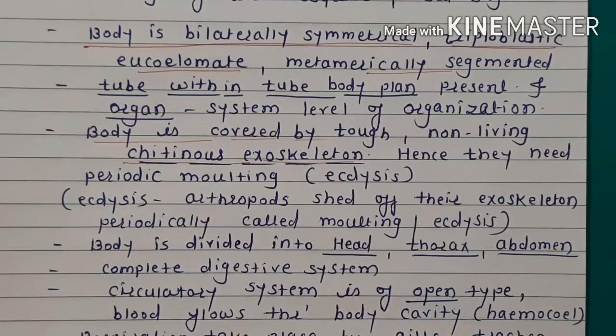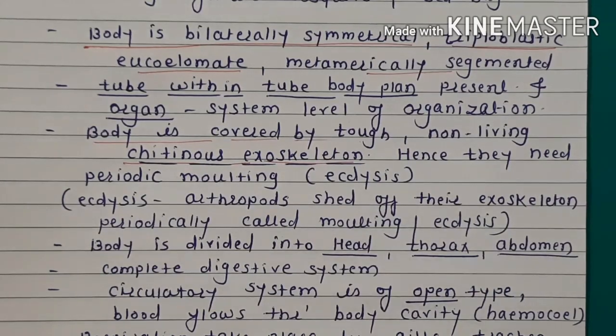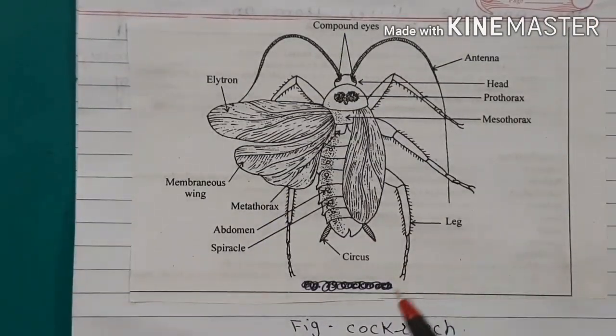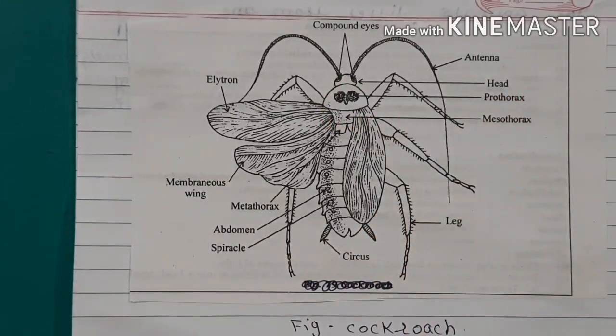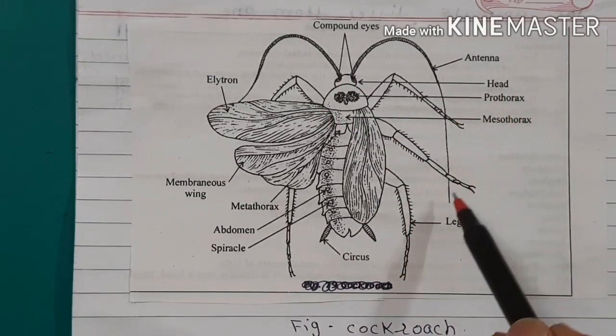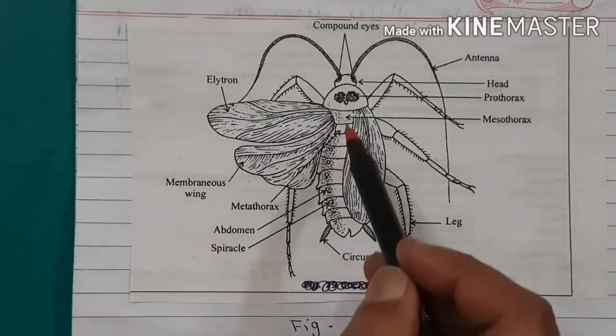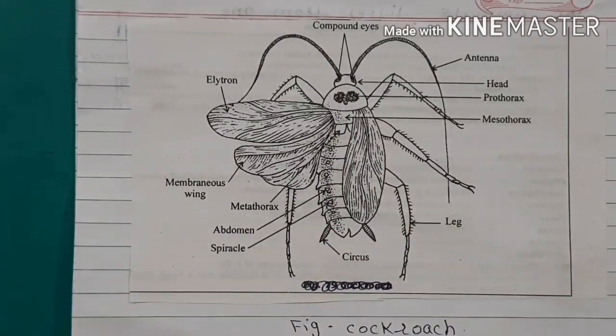Body is covered by tough non-living chitinous exoskeleton. Hence, they need periodic molting, which is called ecdysis. Body is divided into head region, thoracic region, and abdominal region.